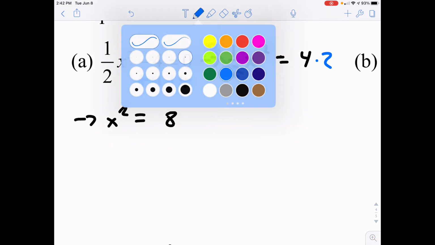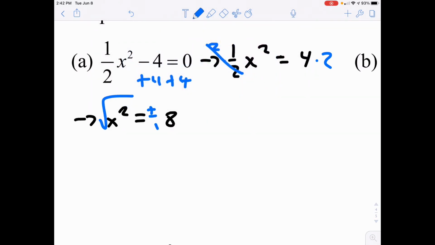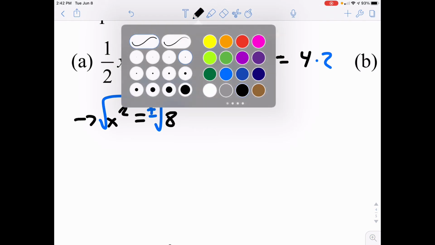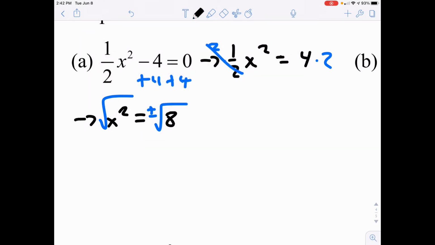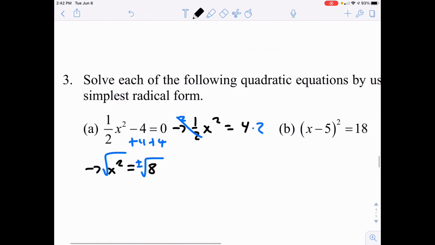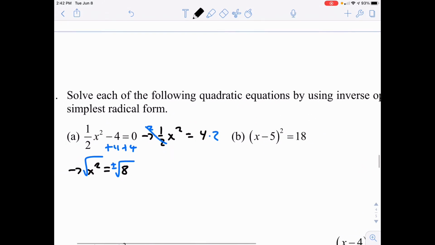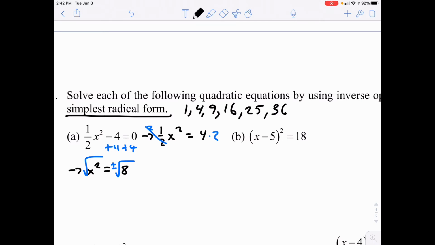Then we will take the square root of both sides. X equals plus or minus the square root of 8. Now, if you remember our work with simplest radical form, you need to list your perfect squares: 1, 4, 9, 16, 25, 36, 49, 64, 81, and 100.